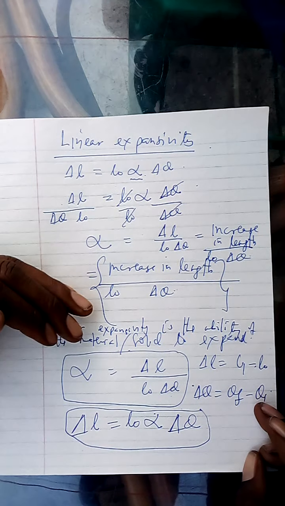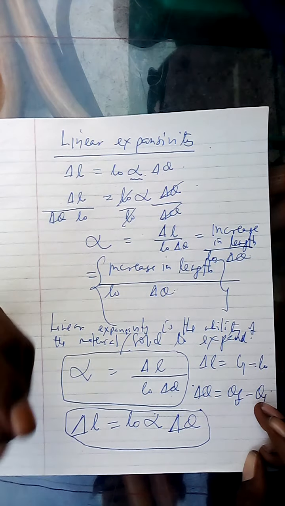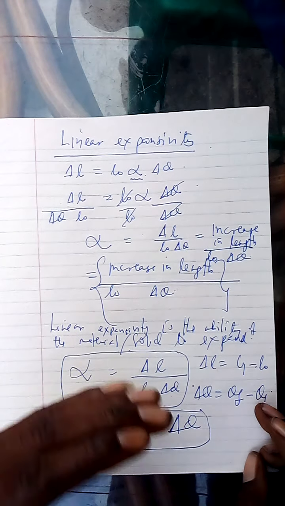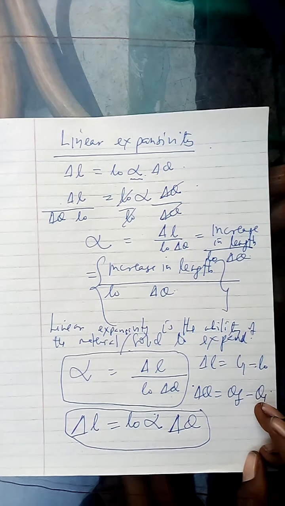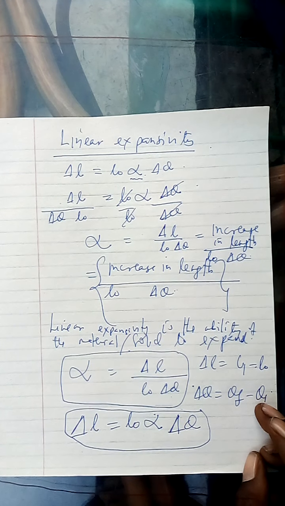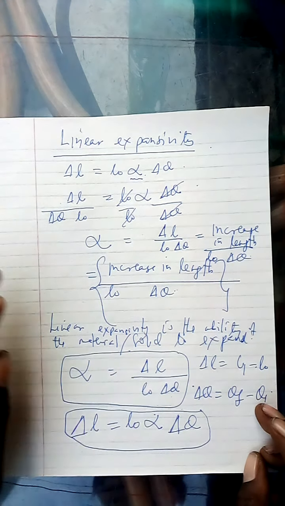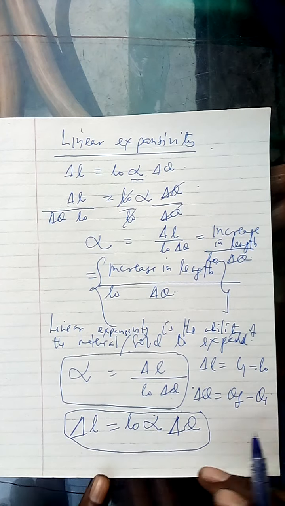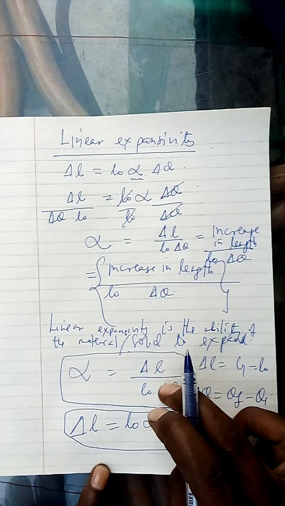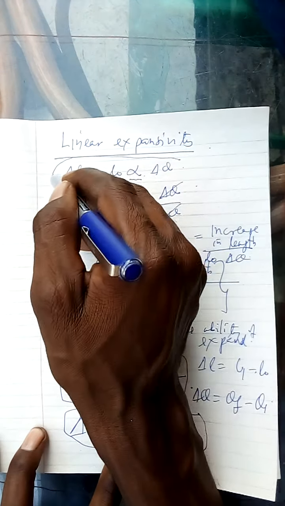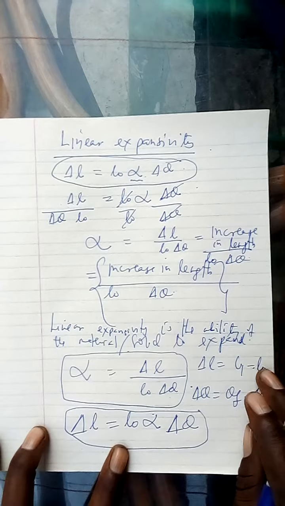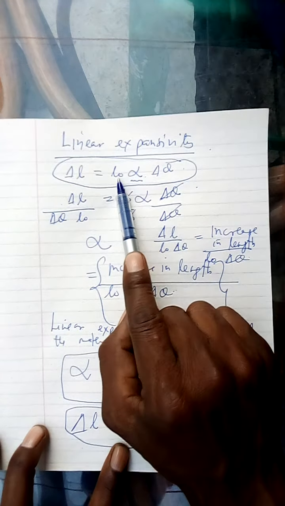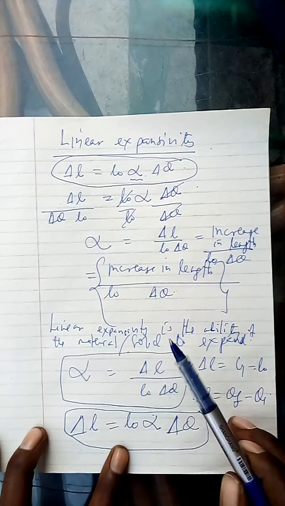Mathematically, we get it from this concept, and it is where we can obtain the linear expansivity of the material. Do you understand? In case you've been taught to define it, this is how we define it. In case you've been taught how to calculate it, we use this formula or this one. All in all, this is the formula that is applied in finding the linear expansivity, the change in temperature, the original length, and the change in length.